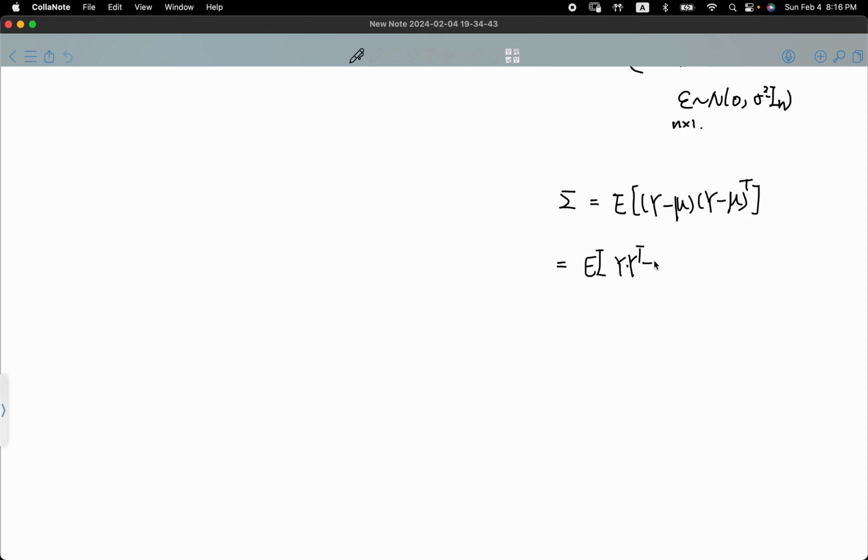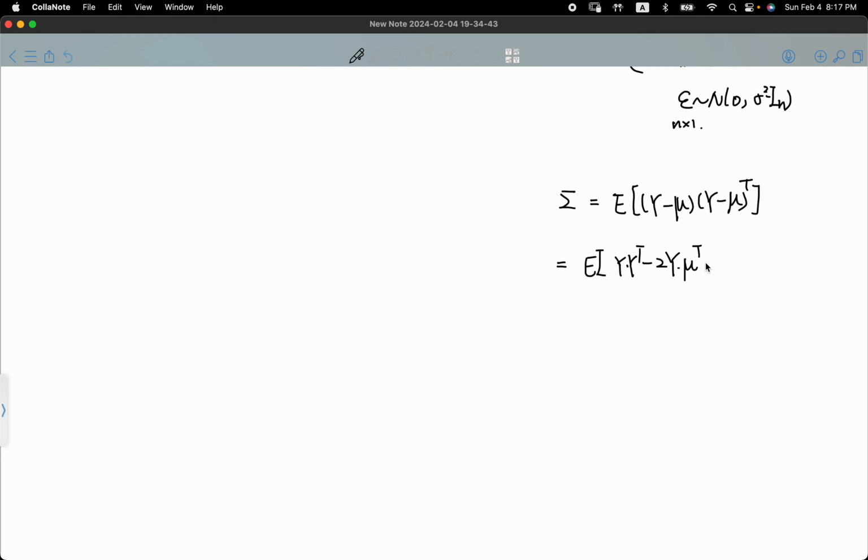y transpose minus 2y transpose mu. So this is y multiplied by mu transpose, and I'm also going to use this here.